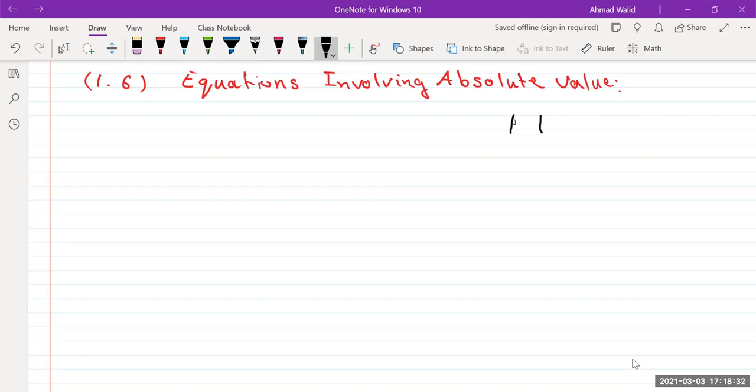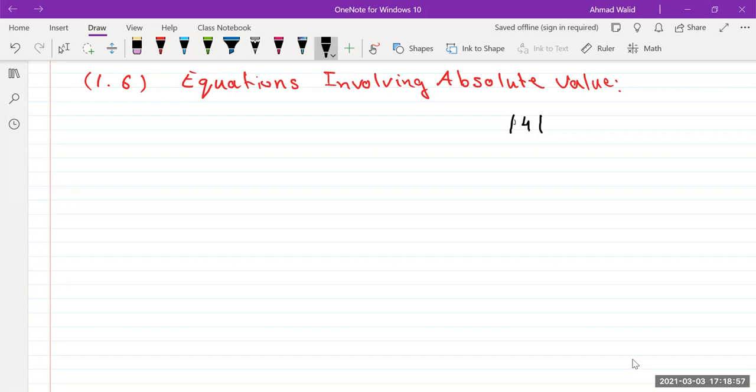The definition says the absolute value of any number is the number without sign. Or, as some of us explain this definition, the absolute value of any number is always positive, because the number without sign, we accept it as positive, right?